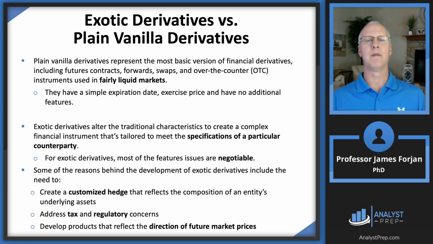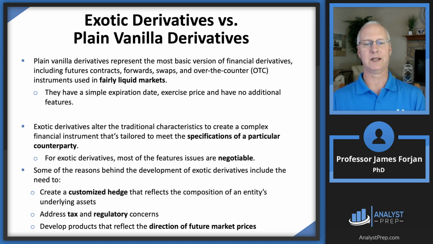Now, the cool thing about these exotics is that most of the features are negotiable. I mean, you can walk into a financial institution and say, hey, I would like a derivative security that does this and this and this and this. And I'm willing to pay for this and this, but not that and that. And so these men and women at financial institutions, they're pretty smart. So they'll come up with a contract for you, and it'll probably be some kind of an exotic derivative.